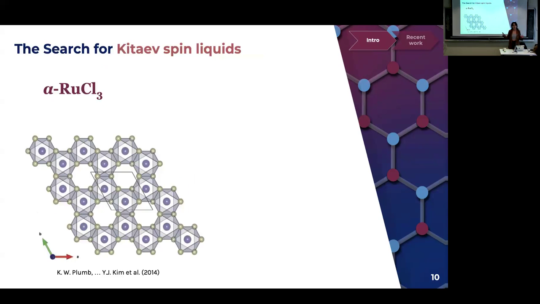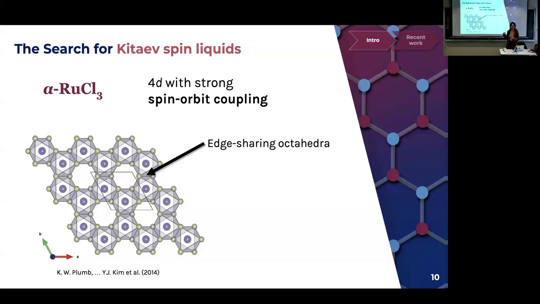And in real materials, there are some candidate materials. One of the leading candidates is this material known as alpha ruthenium trichloride. And it's a 4D material with strong spin orbit coupling, which is important in realizing the Kitaev interaction in real materials. And it's also got edge sharing octahedra. So strong spin orbit coupling and edge sharing octahedra are the ingredients to actually realize this type of interaction in a real material.